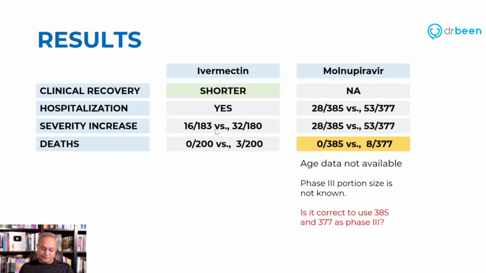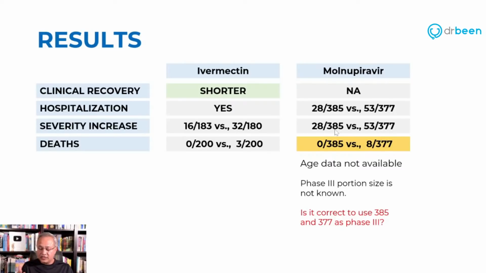Severity increase. On the Mahmood study, 16 out of 183 became severe on the ivermectin side, and 32 out of 182 became severe on the placebo side. Here, molnupiravir, 28 out of 385.